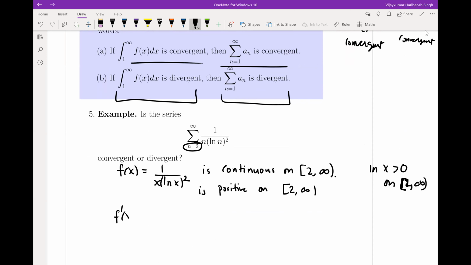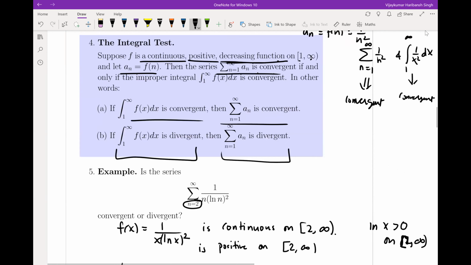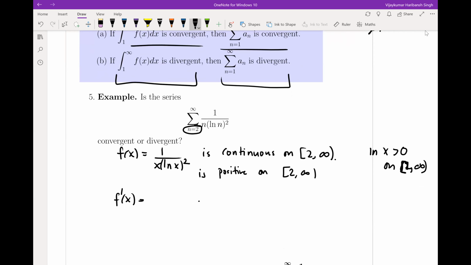So what is f prime x? We need to show that the derivative is less than 0. So let's compute the derivative. We'll use the chain rule. This is going to be x ln x squared, the whole squared, with a minus 1 multiplied by the derivative of x ln x, which is the derivative of x ln x squared, right?